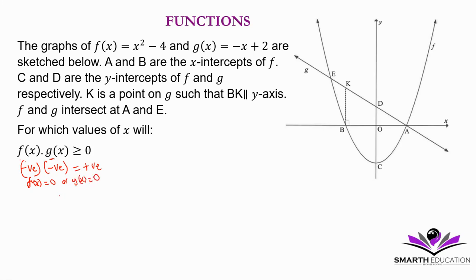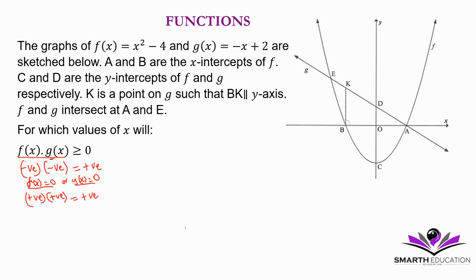Another situation will be where both functions are positive. Positive times positive will give us a positive answer. And then also where f of x or g of x may be equal to 0. The functions change their sign at the x-intercept.